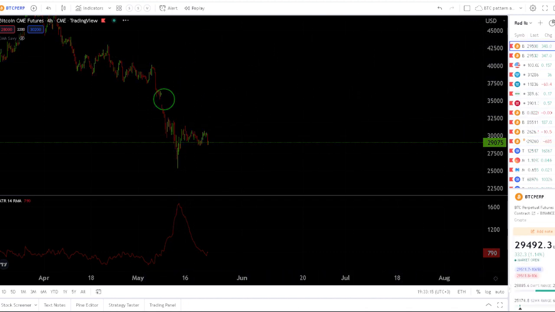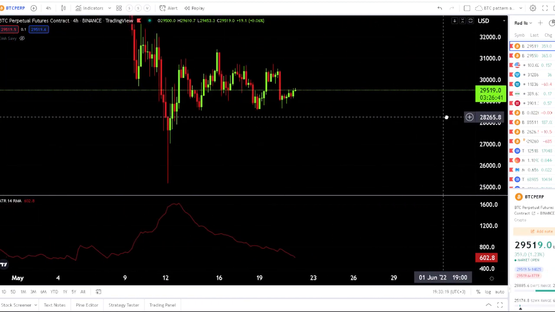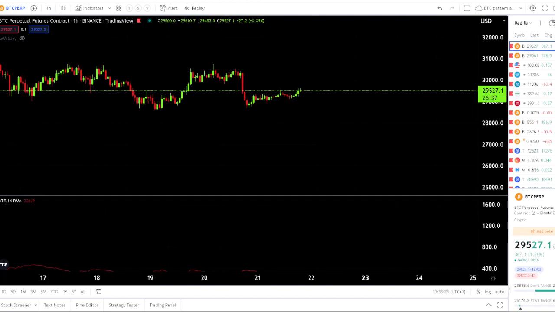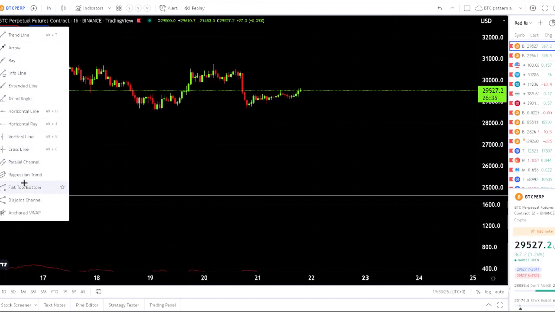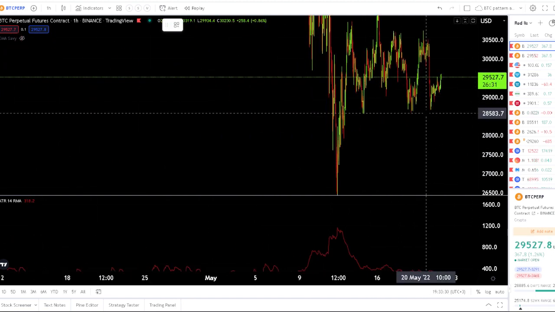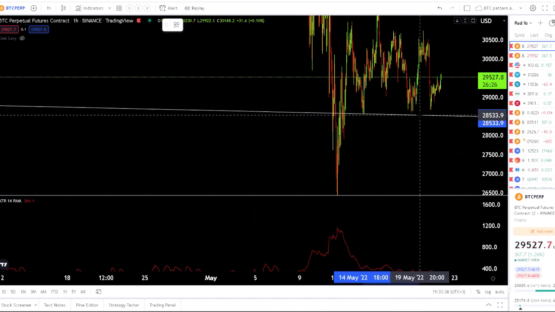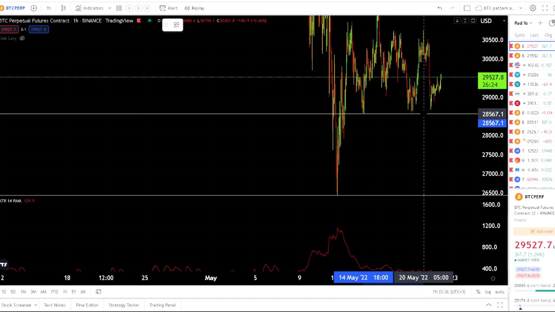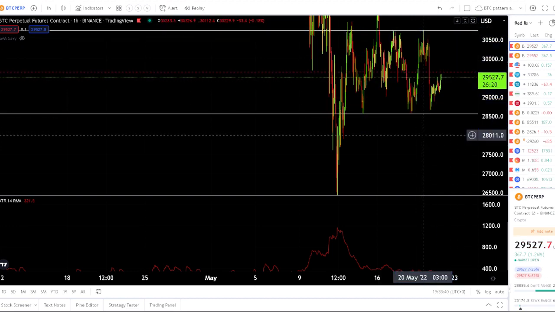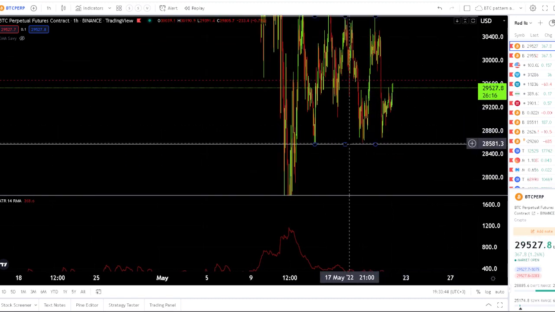Now for the shorter term, Bitcoin is still trading in this range. If we take the top, you can see that this range has been respected quite well.